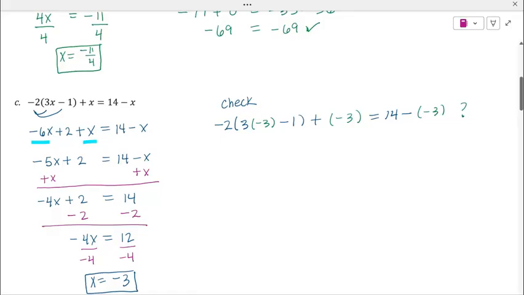All right, so I'm going to start in the parentheses here. I'm going to have negative 2 times negative 9 minus 1. This is going to change to a minus 3. And this will be a 14 plus 3.